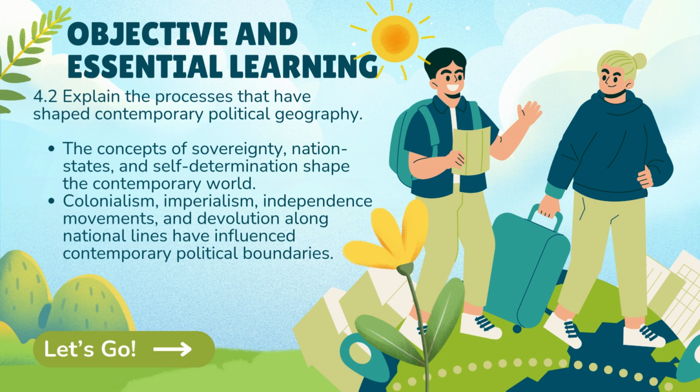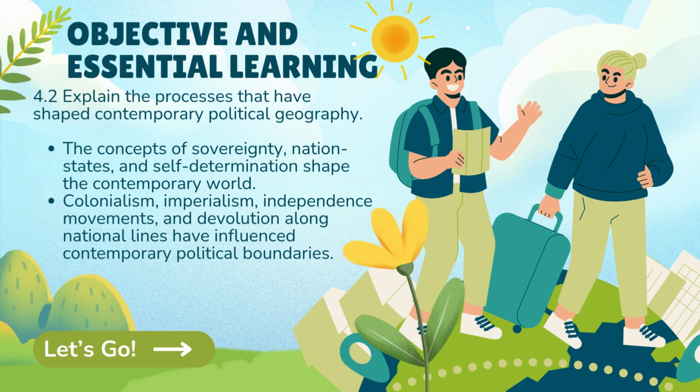Okay, so today we're going to be focusing on how historical processes shape today's world. That means understanding sovereignty, nation states, self determination. I know these are big words, but we'll explain them. And to make it simple, it's who controls what and why. Breaking down colonialism, imperialism, and independence movements, basically, why some countries took over others and how people fought back, and then looking at how devolution changed boundaries.